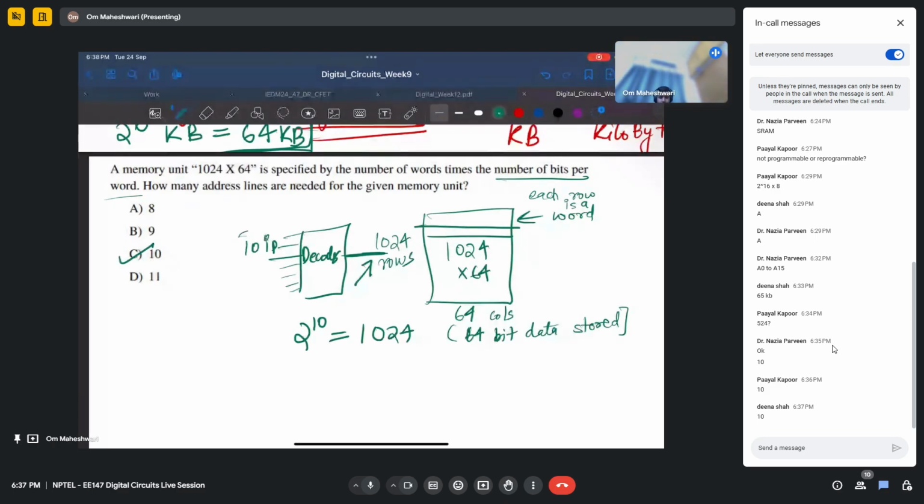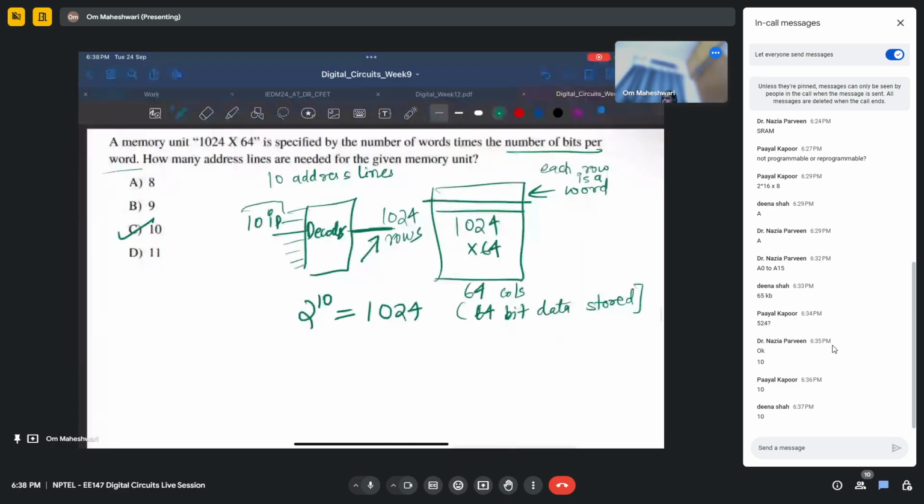And these 10 inputs are the 10 address lines. Okay, so this one was easy. I hope it is clear to all.